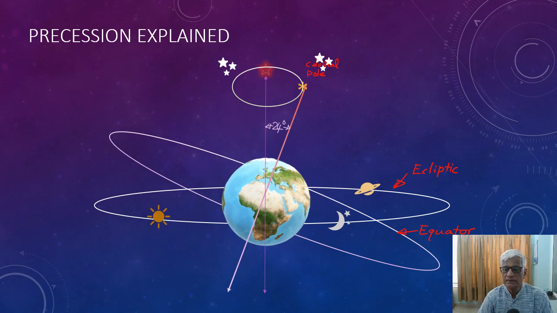We will see what has been discussed now in a diagrammatic form. This circle is the ecliptic, where the Sun, Moon and other planets are seen to move around the Earth.